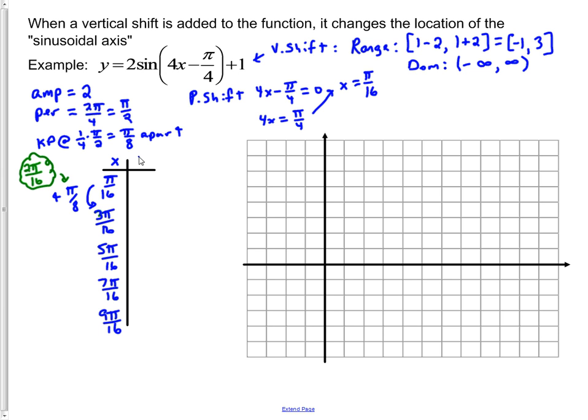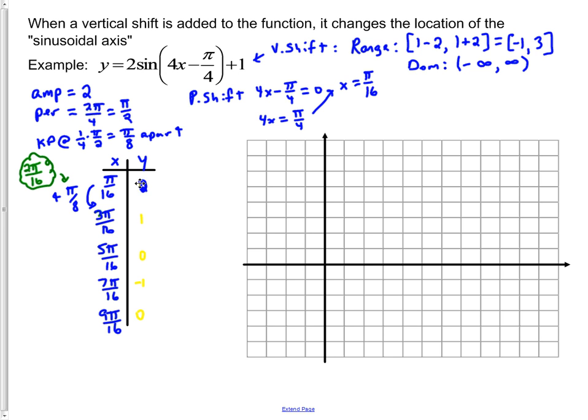As far as the y values are concerned, since this is a sine function, normally the sine function is going to start on the center axis, go up to its maximum point, come down to the center axis, go down to its minimum point, then come back to the axis. Well, in this case, normally where we might say 0, 1, 0, -1, and 0, imagine multiplying each of these values by 2 for the amplitude.